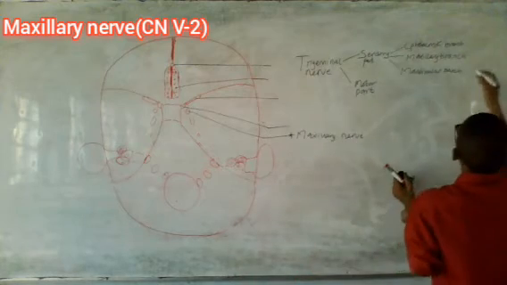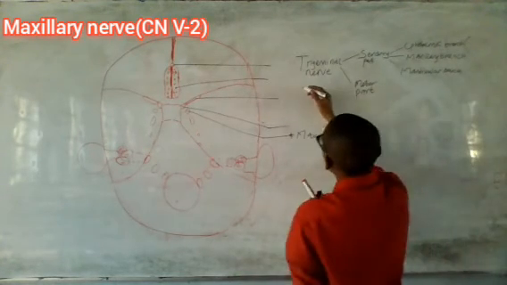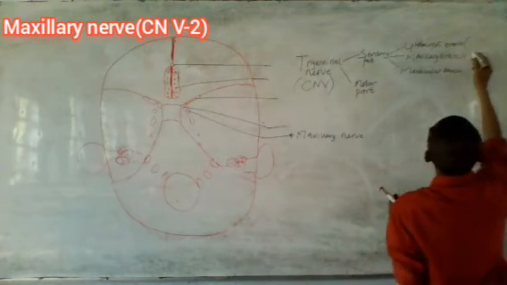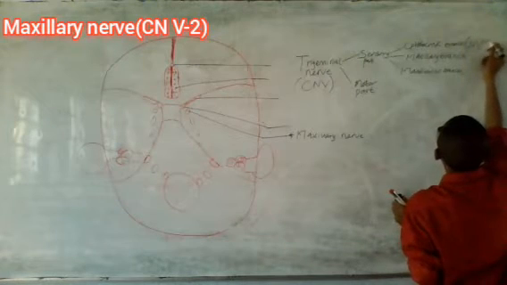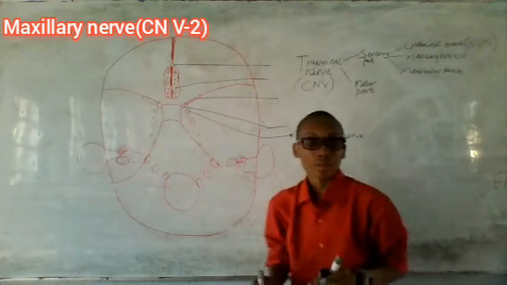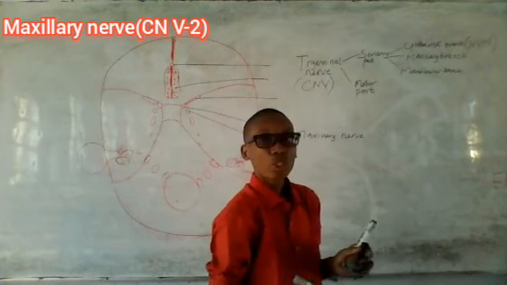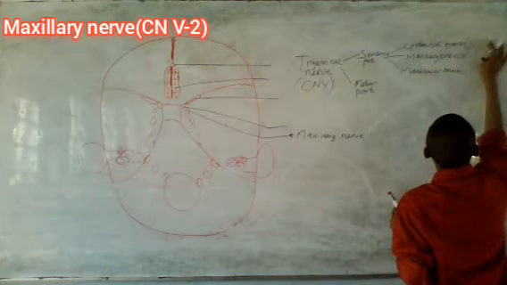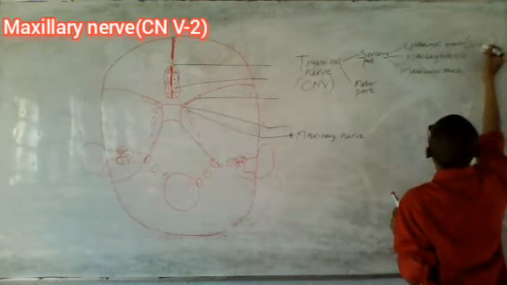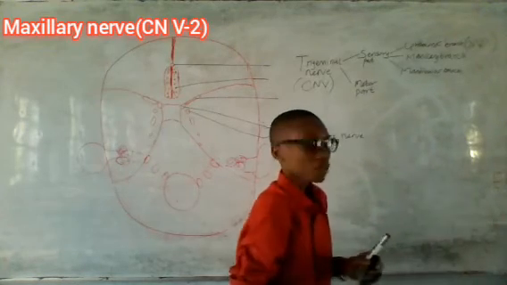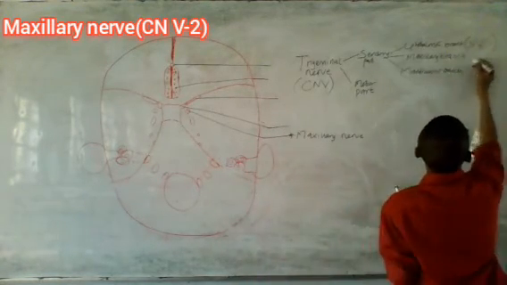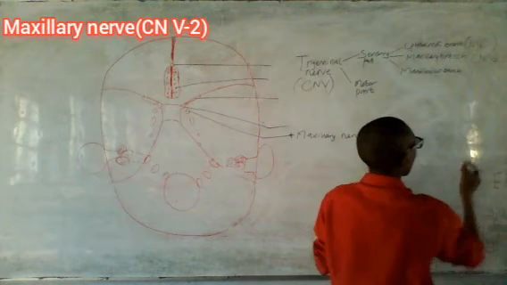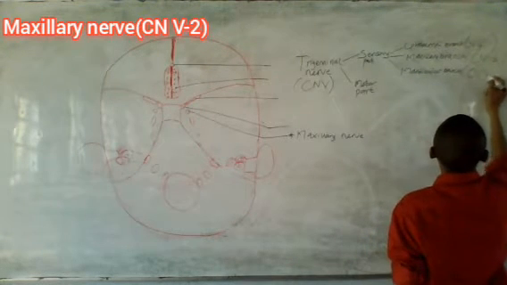Since the ophthalmic nerve is the first branch of the fifth cranial nerve, it will be written as fifth cranial nerve V1. Then the second, the maxillary nerve, you see as fifth cranial nerve V2, and the mandibular branch you see as fifth cranial nerve V3.